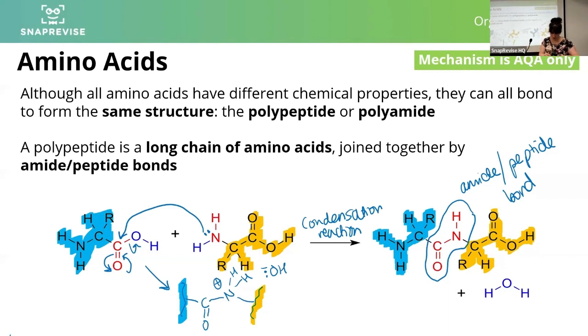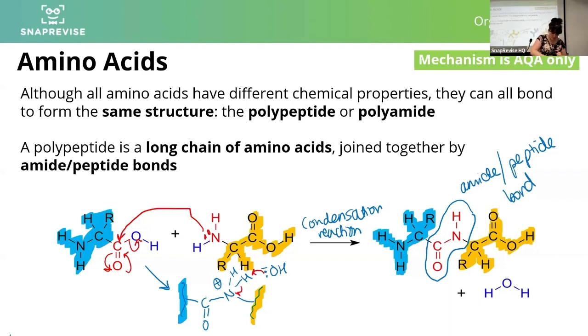I can then show, I think I'm going to do these in red to make it a little bit clearer, the attack of the OH minus ion onto one of those hydrogens.